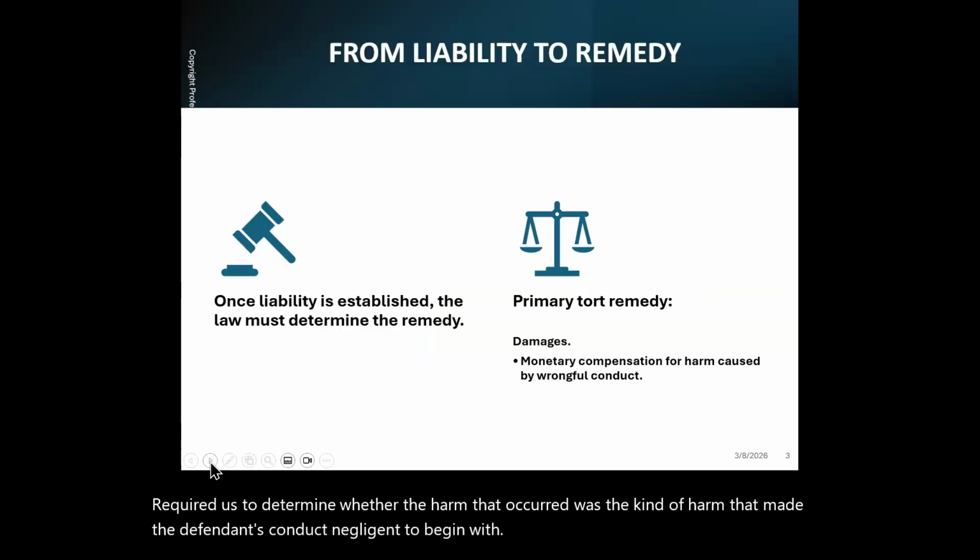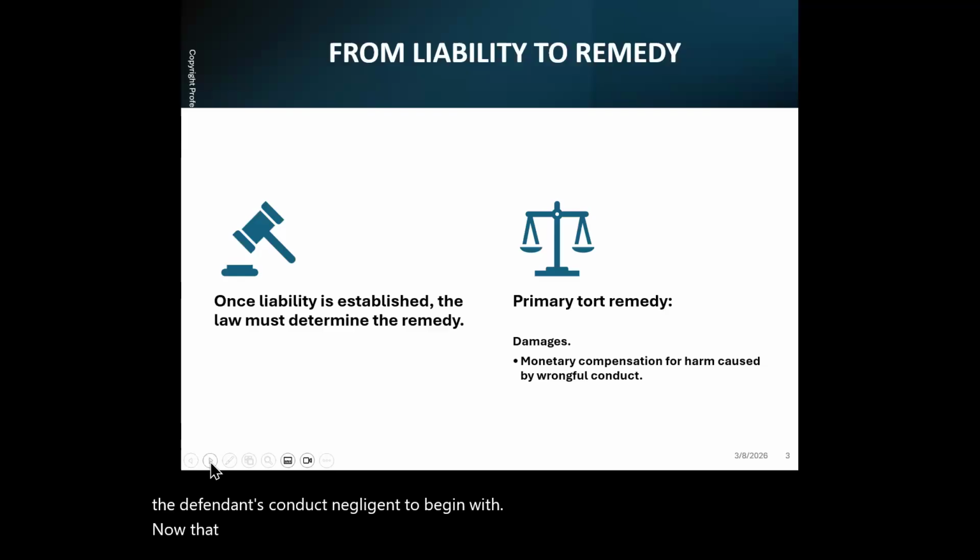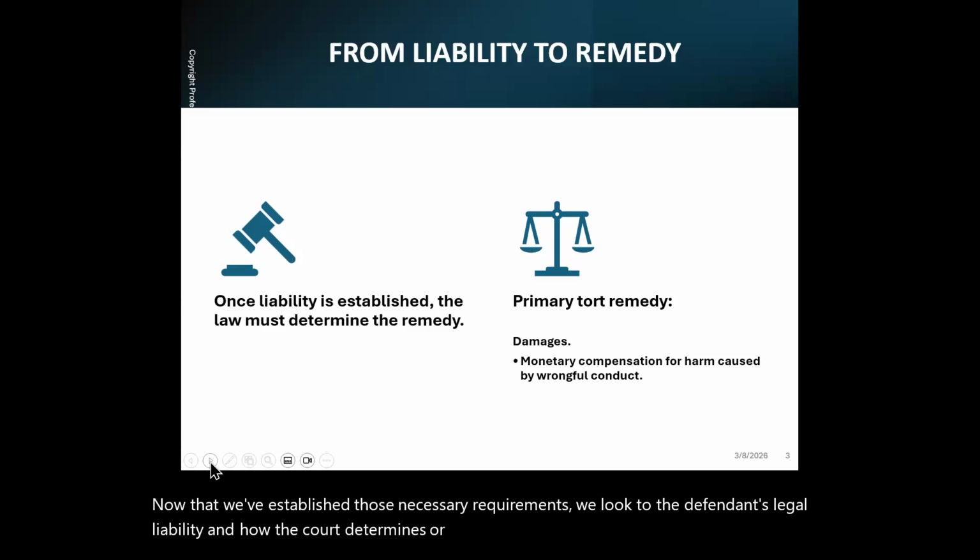Now that we've established those necessary requirements, we look to the defendant's legal liability and how the law determines the remedy for that harm. And that is the work of the last element of negligence, which is damages.